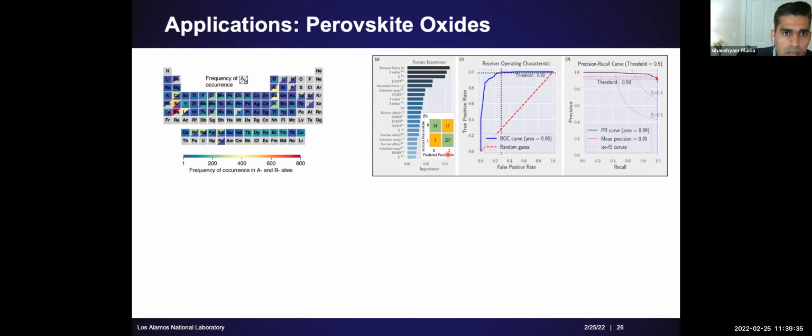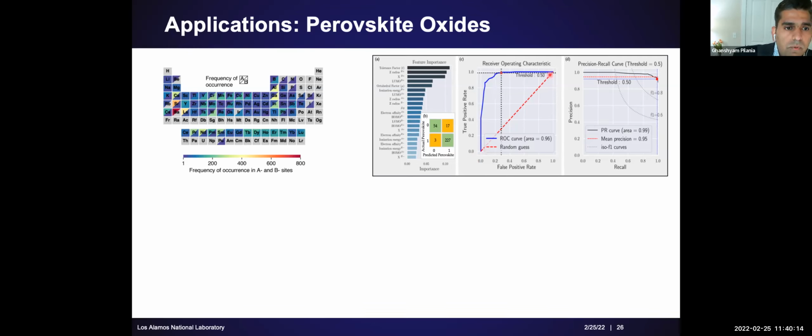There are some more details about our machine learning classification model in the form of the ROC curve and the precision-recall curve, which is an alternative way of representing the ROC curve. Essentially, this tells us how much better we are doing in terms of predictions than just predicting randomly. If you look at the center panel, the red dashed line shows a random guess. If you label everything as non-perovskite, of course your false positive rate will be 0, but your true positive rate will also be 0.